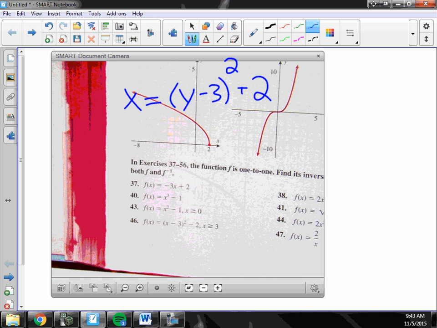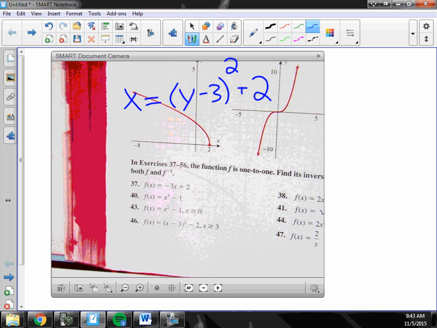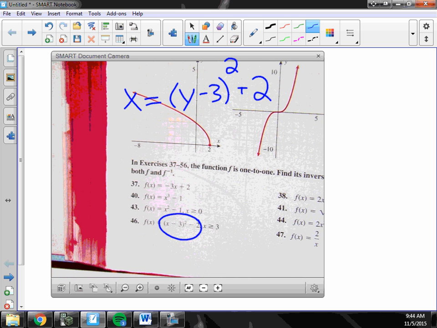What is the domain of x minus 3 squared plus 2? All real numbers. Okay, but is this one-to-one? No. Why not? It's a parabola. Does a parabola pass the horizontal line test? No. So they have restricted the domain.